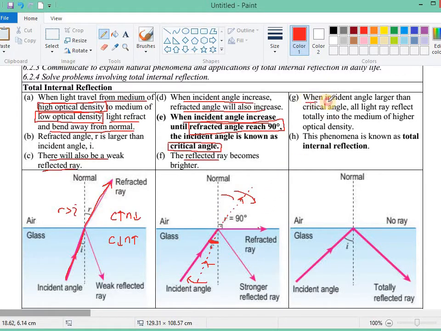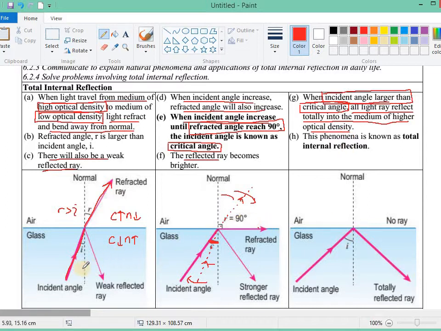And when the incident angle is larger than the critical angle, all the light rays will reflect totally into the medium of higher optical density. That means it will reflect back inside.